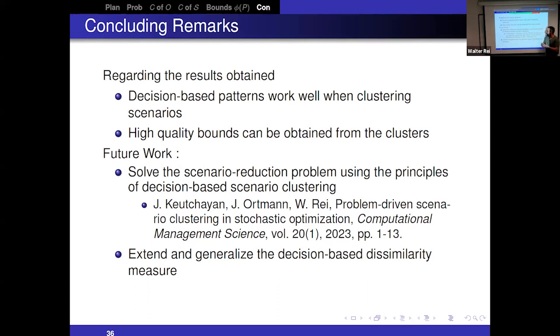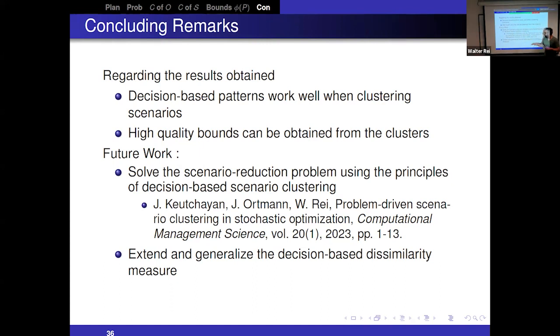I might mention some ongoing work that I'm currently involved in, where we're again reusing this idea in an algorithmic sense, in order to improve the efficiency of certain algorithms. So, future work. The clustering here was not done in terms of trying to solve the scenario reduction problem directly. This was kind of done as analyze first, use second.